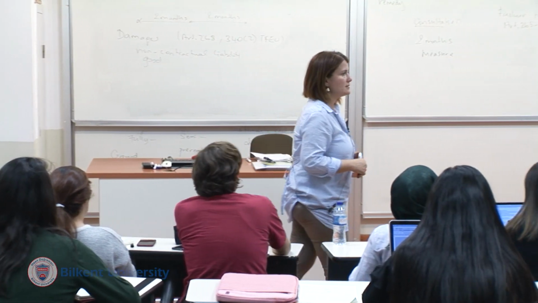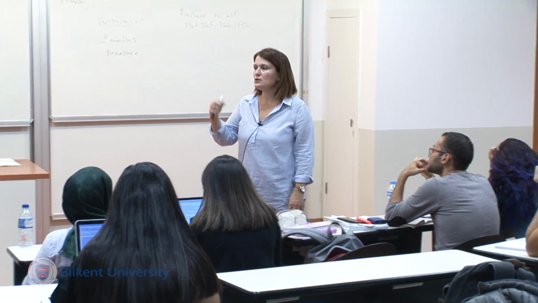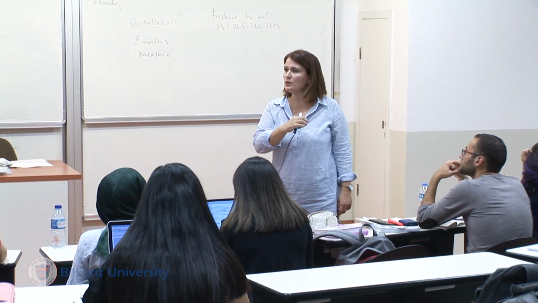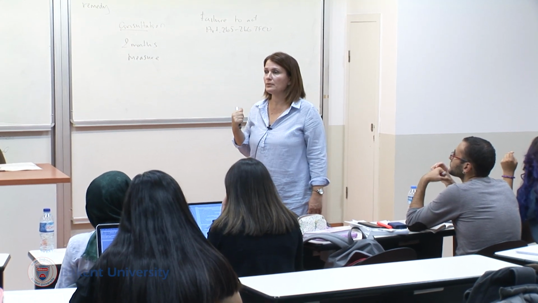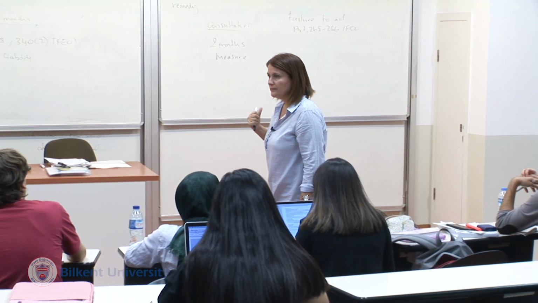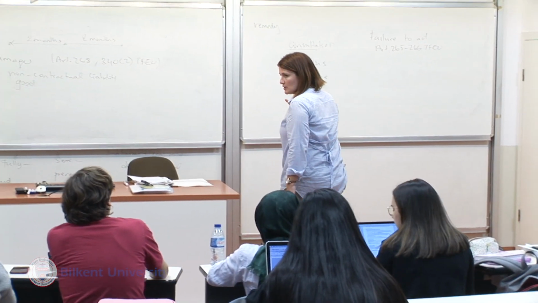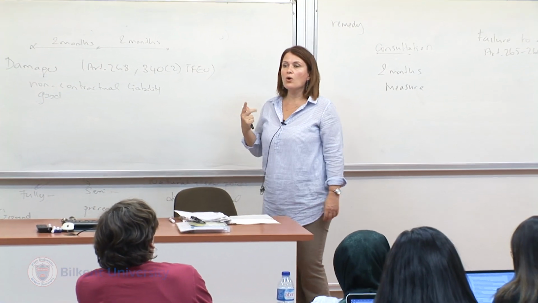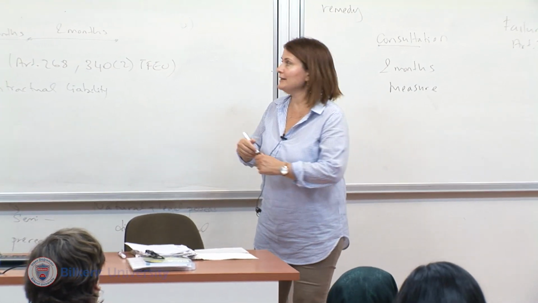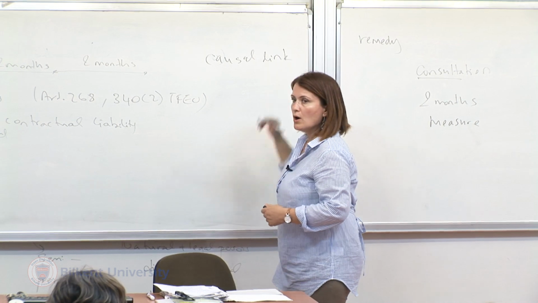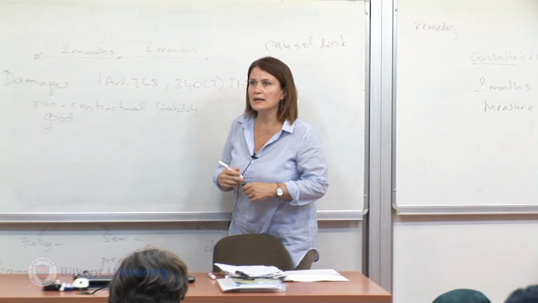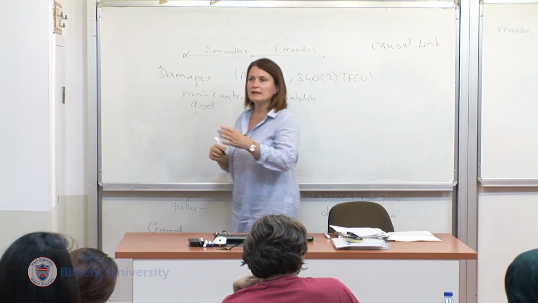Therefore, in practice, when dealing with this type of actions, the Court of Justice looks at the laws of the member states to figure out what is fault, for example. What is illegal action? What is causal link? Or what is the amount of compensation to be paid in these type of actions?